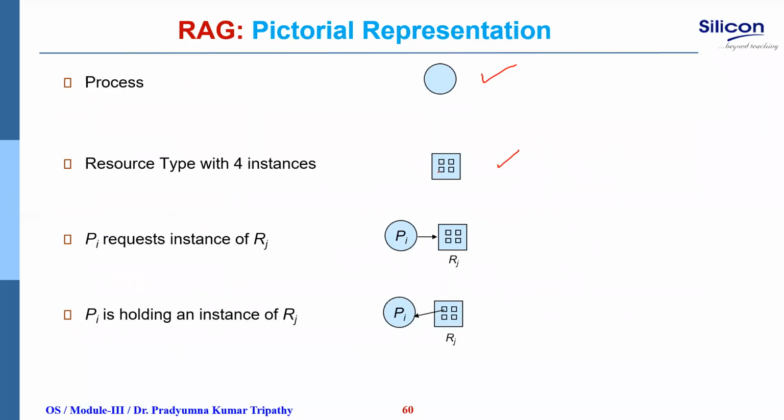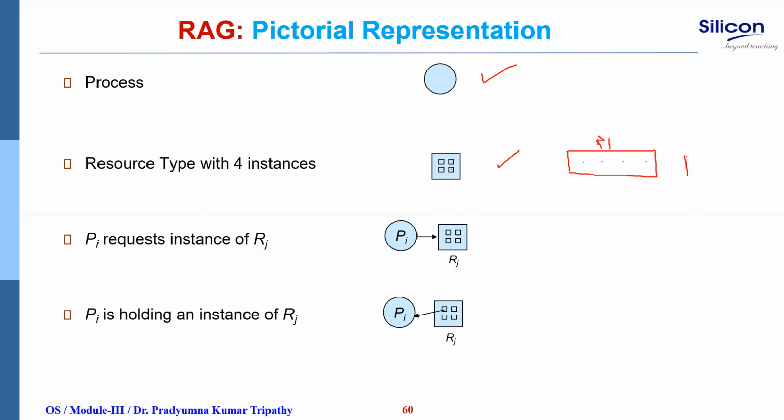Inside the resource, if I have small dots or small boxes, that means these are the number of instances. Suppose R1 is a hard disk. If inside R1 I have 4 dots, that means I have 4 hard disks.